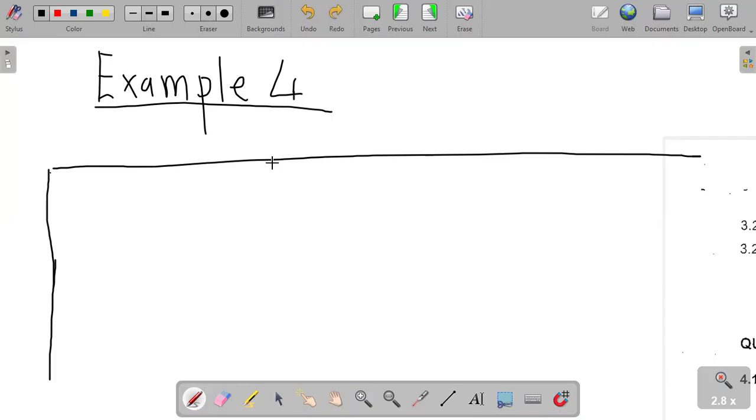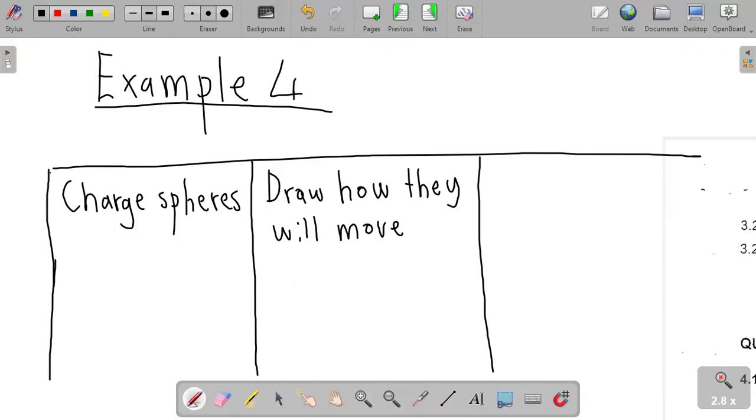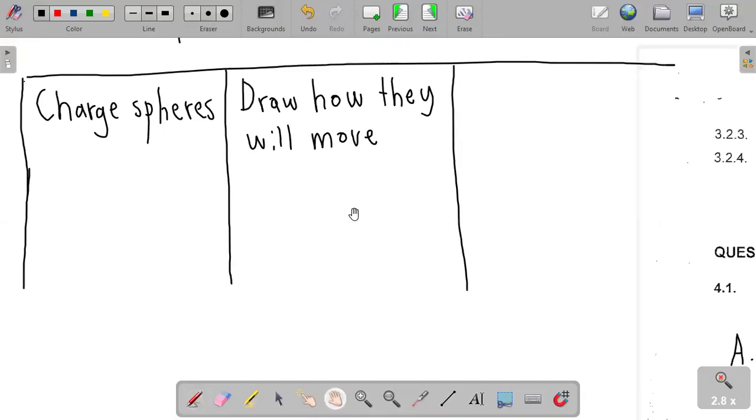We have charged spheres, and then they say draw how they will move. You must also give an explanation.